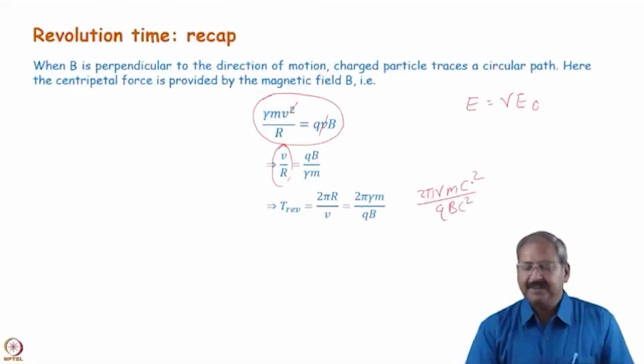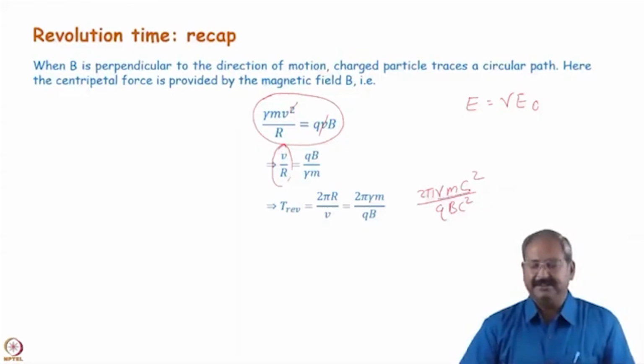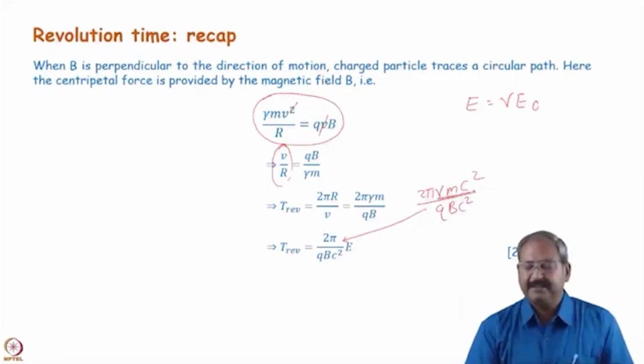If we multiply numerator and denominator both by c square, this gamma m c square will be the energy. So 2 pi upon q B c square into E, the energy of the particle. So T revolution is directly proportional to the energy of the particle. Remember, here E is the total energy, not the kinetic energy. Gamma m c square gives you the total energy.